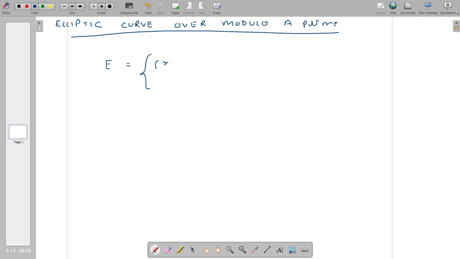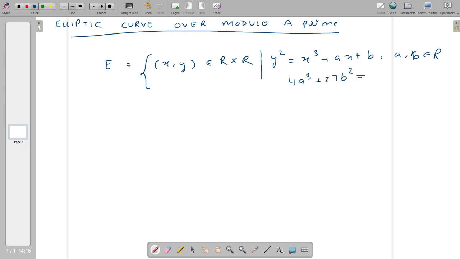It's the set of points (x, y) which belong to R cross R, where y square is equal to x cube plus ax plus b for all a, b belonging to R, and where 4a cube plus 27b square is not equal to 0, union a point at infinity theta.